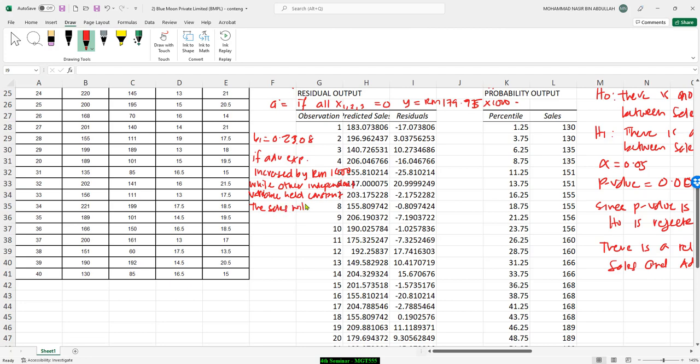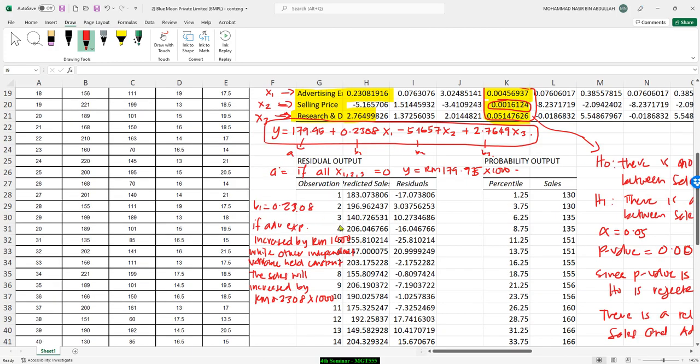will increase by RM0.2308 multiply with 1000, right? Boleh faham? So kenapa dia increase? Sebab dia positif, right? So the penambahan dekat sini, while other variables are held constant lah.